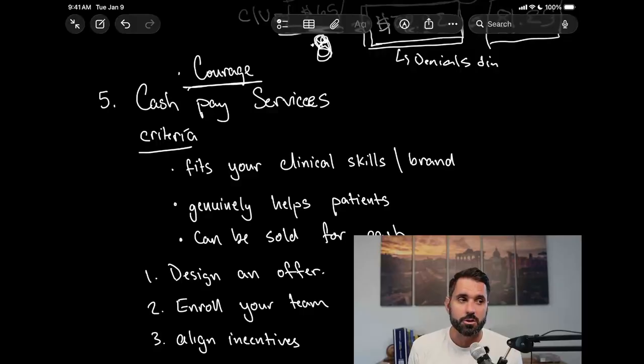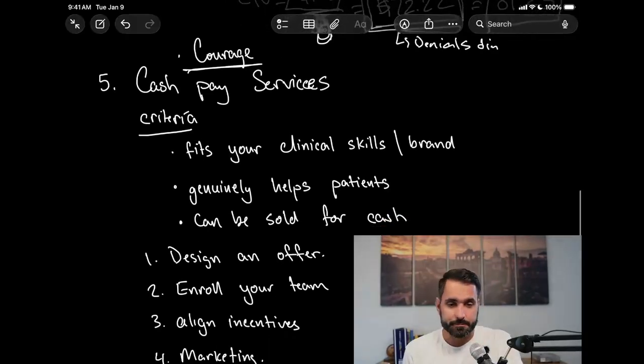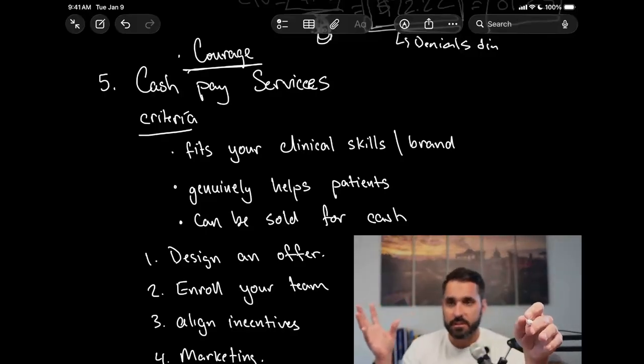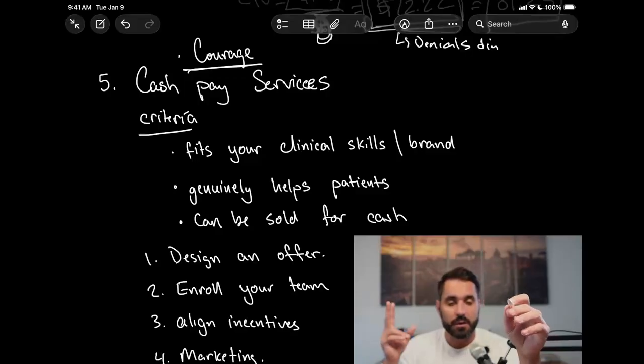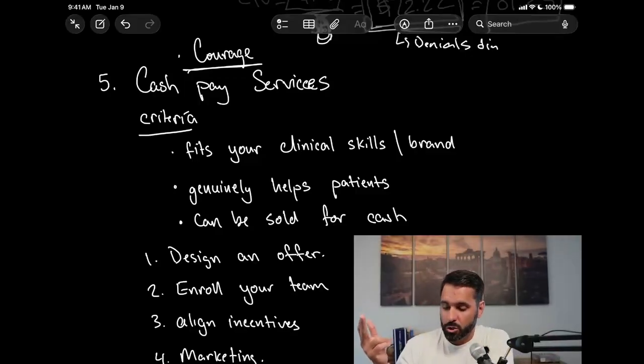But assuming that you've got the basics, the profit accelerator system in place, then you can start focusing on cash pay services. Okay. Here's my criteria. Obviously, you have to have the basics in place. But number two, you want to start selling services that fit your clinical skills and your brand, right? So you start asking yourself, what are some of the things that fit your clinical skills and brand? Obviously, they're not covered by insurance.